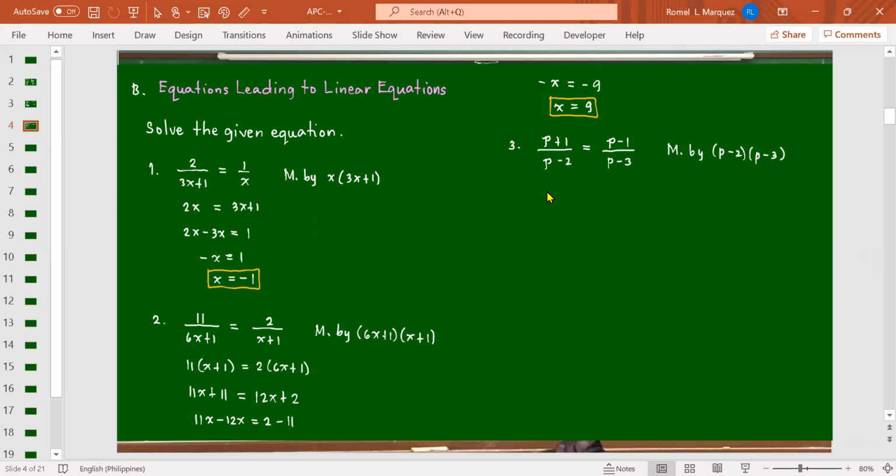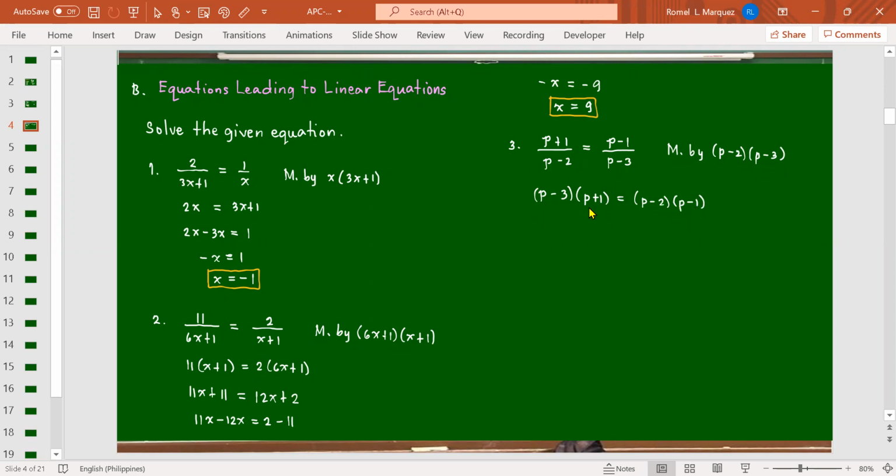So the left side of this equation becomes p minus 3 multiplied by p plus 1. P minus 2 is cancelled out. On the right side, what is cancelled out? P minus 3. So getting p minus 2 multiplied by p minus 1.